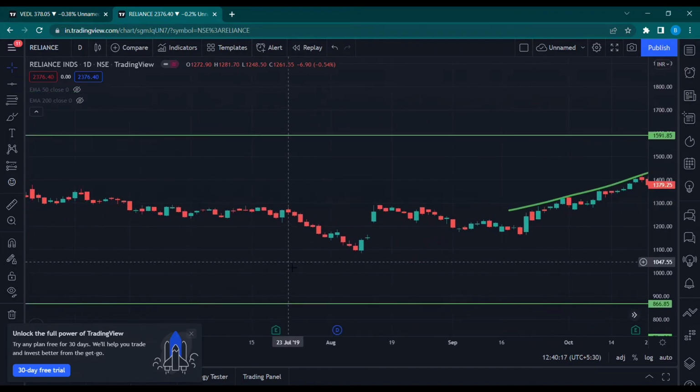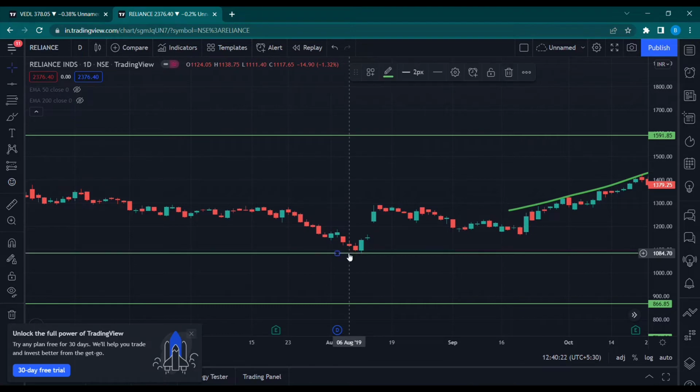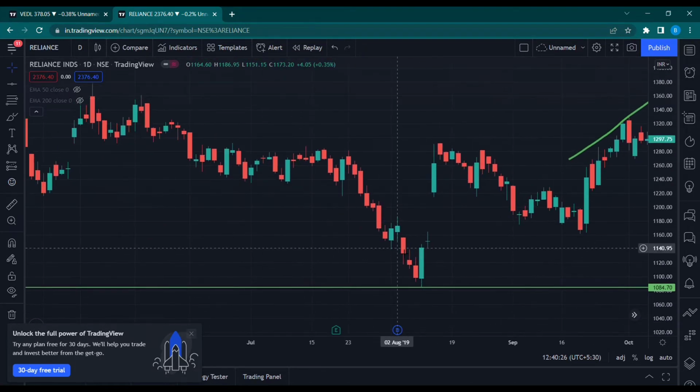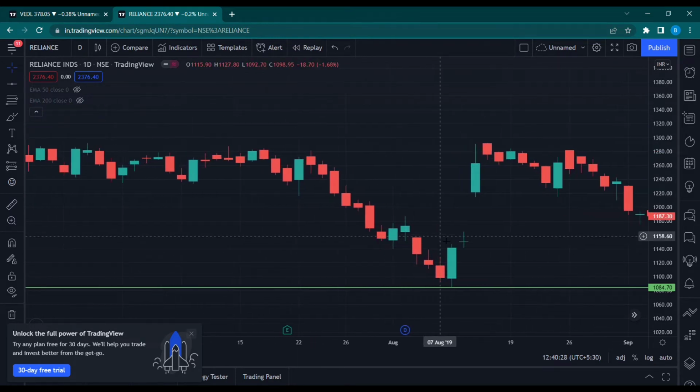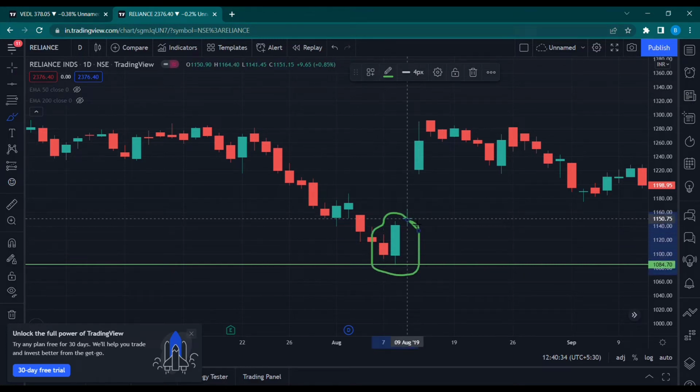Let's mark this level, around 1080. You see what happens here. This will be our first candlestick pattern. This is a bullish engulfing, which is what we call a bullish engulfing pattern.